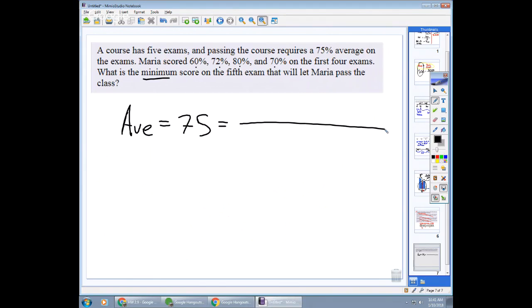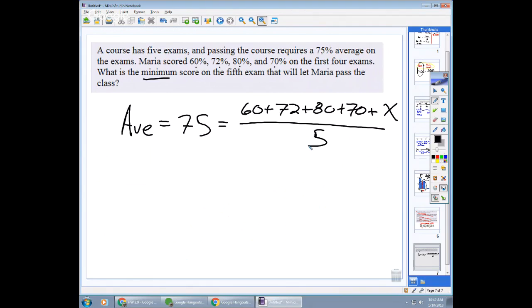To calculate the average, we have to add them up. So 60, and 72, and 80, and 70, and I don't know. We'll call that X. So add them up, divide by 5, and I hope the answer is 75.